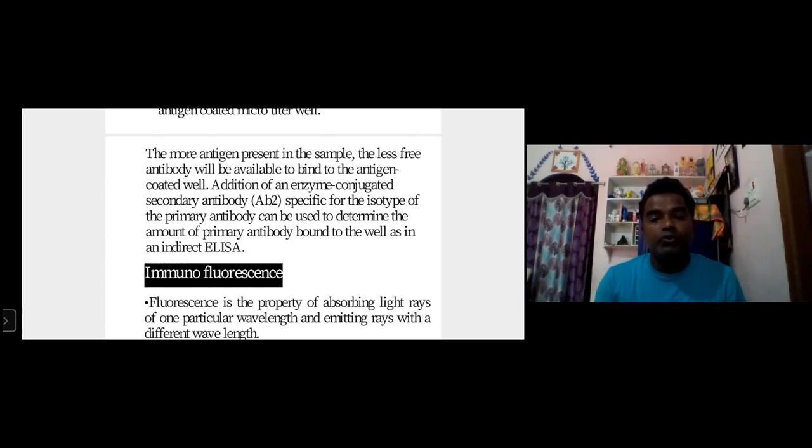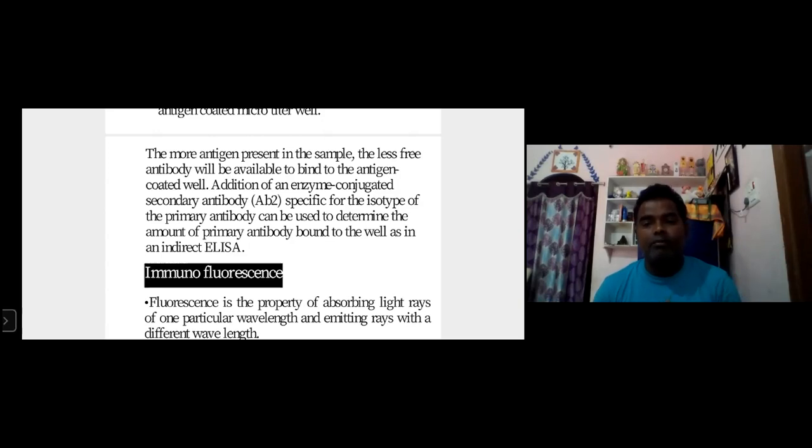This ELISA method is useful for identification of the HIV virus or lab diagnosis of AIDS disease, to identify antigens, to identify antibodies, to purify antigens and antibodies, and to identify antigens not only in animals but also in viral microbes. That is clear.